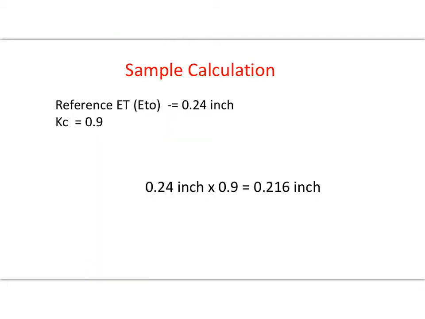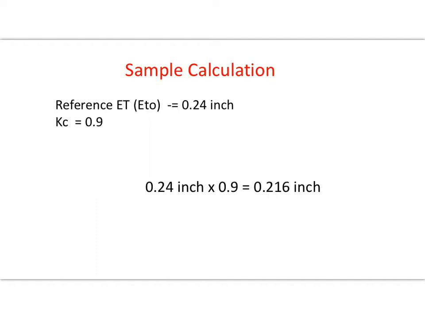So let's go back to these Kc values and actually look at an evapotranspiration calculation. If we retrieve a reference ET of 0.24 inches from a weather station, and we use a crop coefficient of 0.9, the calculation is 0.9 times 0.24, which equals 0.216 inches.